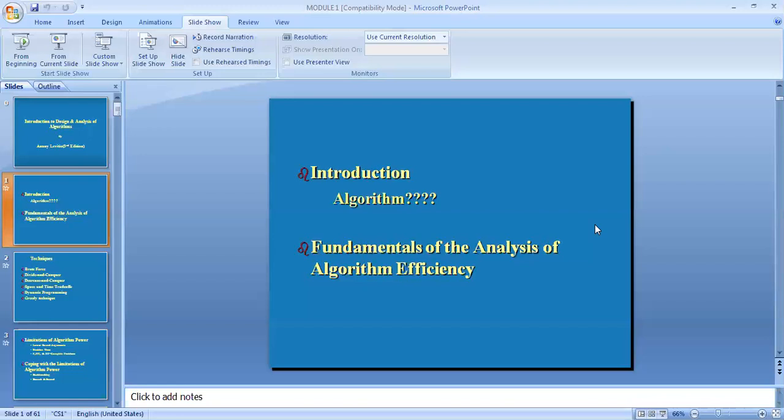The points to remember while writing an algorithm: the unambiguity requirement for each step of an algorithm cannot be compromised. The range of input for which an algorithm works has to be specified carefully.